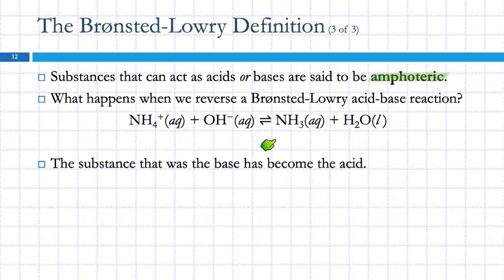And the way they get to the products is that the ammonium ion donates a proton to hydroxide. Hydroxide accepts the proton and becomes water. So what we see is that this substance, which was formed by the base, now becomes an acid itself. And so the difference between an acid and a base is one proton, a hydrogen ion.